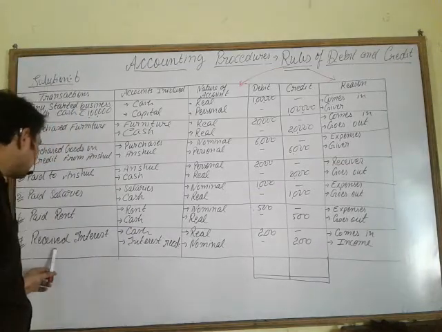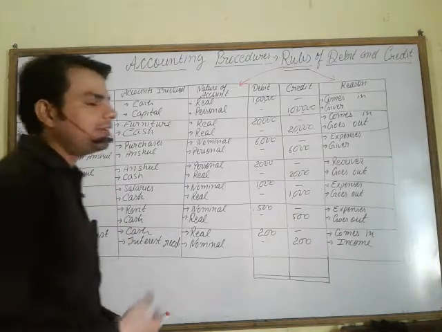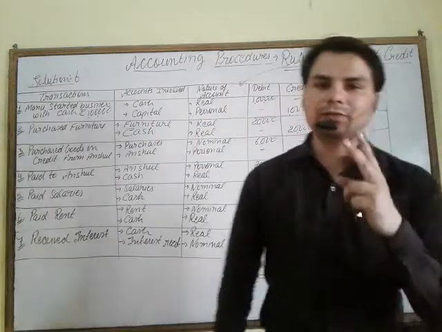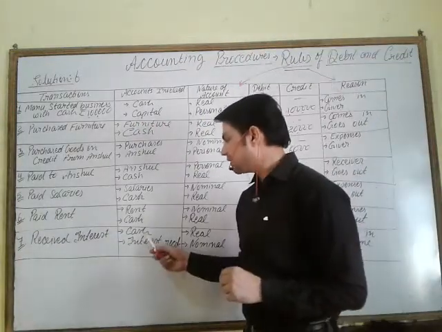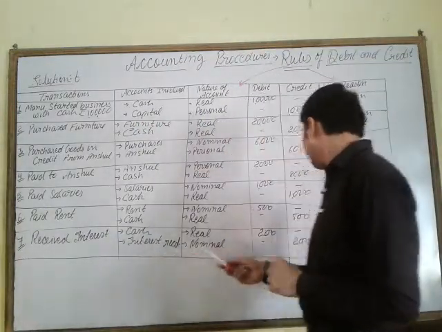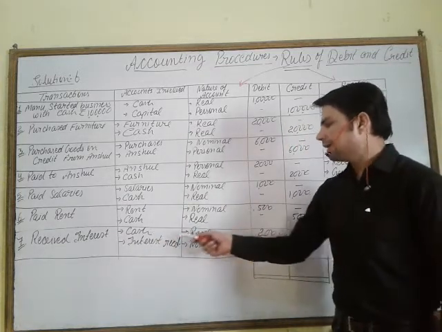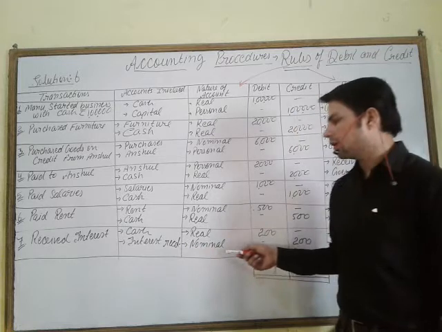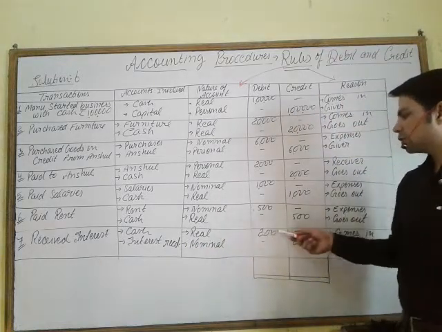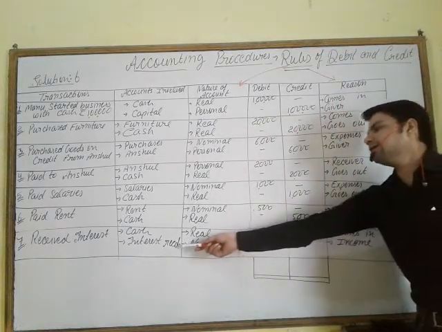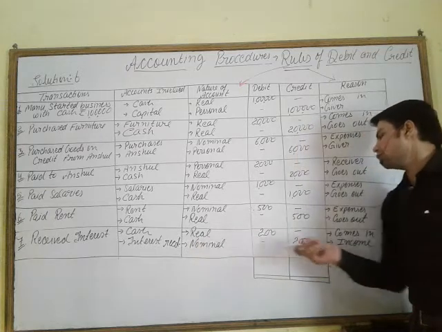Now coming here, received interest. When we are receiving the interest, it involves two accounts. First cash and another interest received. So cash is a real account and interest received is a nominal account. Cash should be debited and the interest received account should be credited.